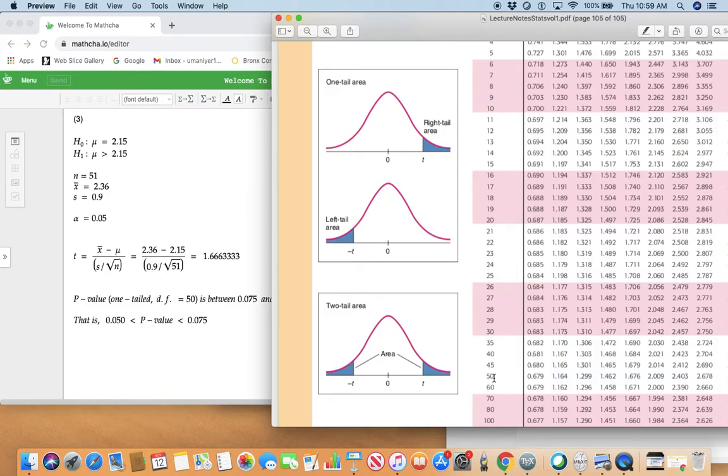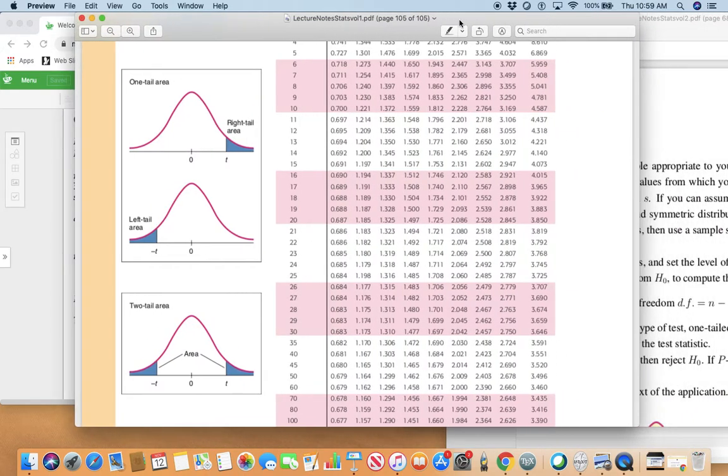So that's 50. Okay. You are looking for a test statistic of 1.6663. So let's look for 1.6663 on the row for 50. The 1.6663 lives between these two numbers.